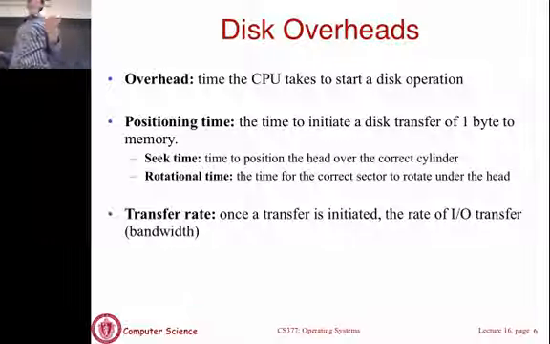Those are mechanical delays, and you're doing those a lot. So essentially, the reason I/O is so slow is mostly due to the positioning time of having to move the arm and wait for the rotating disk. And then, of course, the CPU overhead is a tiny, tiny fraction of that, so we don't really need to worry about that when considering the performance of the disk.